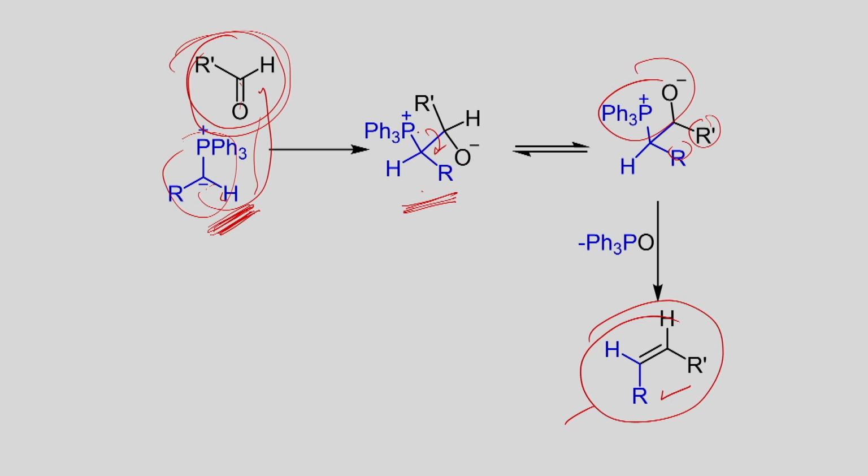Once you form this one, it can undergo rotation to give this. Now this can convert into cis alkene.